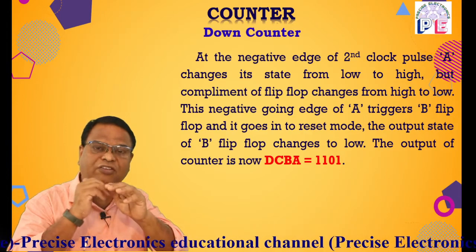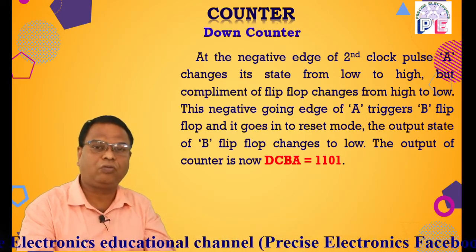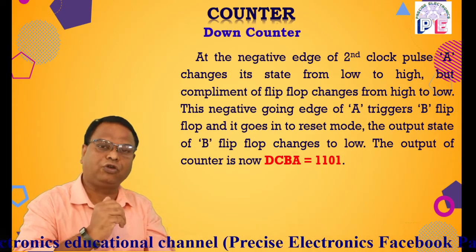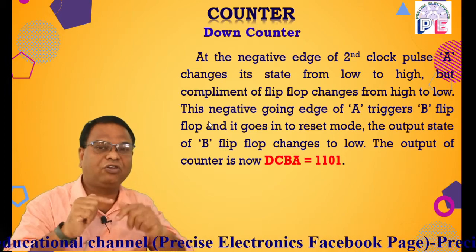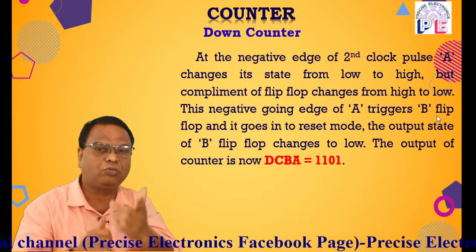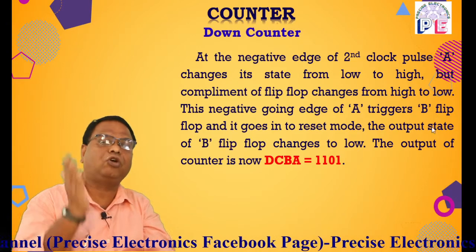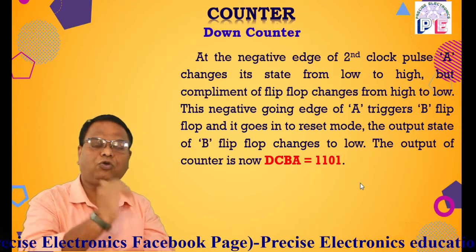So the output of A changes from 0 to 1, but the complement of A changes from 1 to 0, so obviously this is a negative edge. This negative edge drives the clock input of the B flip-flop. B flip-flop is in toggle mode, hence the transition of the B flip-flop occurs, so the output of B changes from 1 to 0.